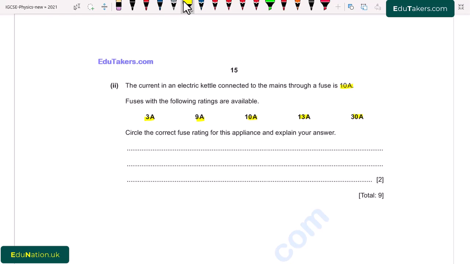So I write here, the value of current that is greater than 10 ampere should be blocked.